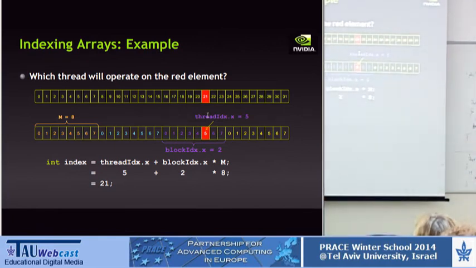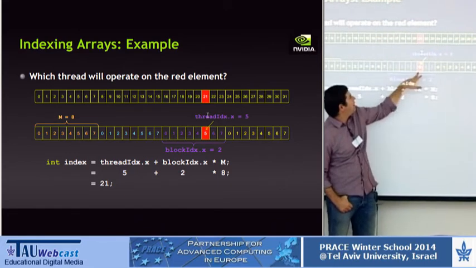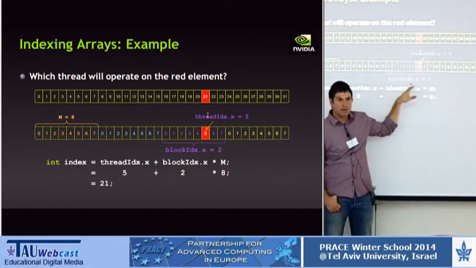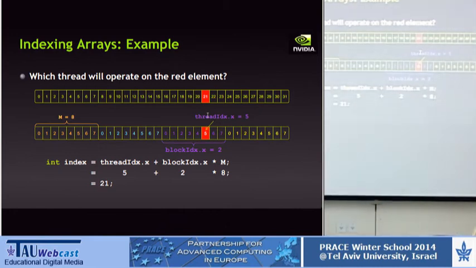The first block works on the first 8 threads. The second block arrives at 15, and my value, which is 21, is the 5th thread of the third block, which is number 2. So block number 2, thread number 5. This is what we get.